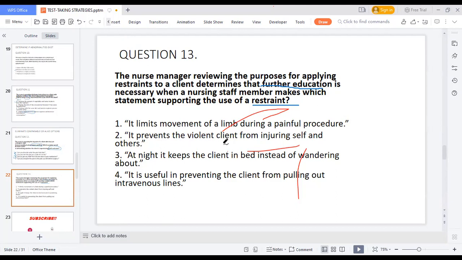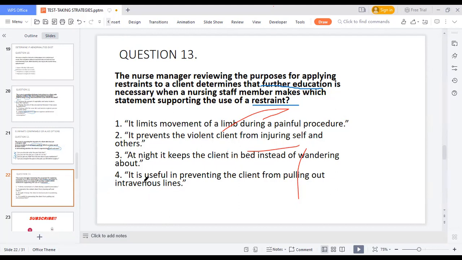It prevents the violent client from injury, self, and others. At night, it keeps the client in bed instead of wandering about. It is useful in preventing the client from pulling out intravenous lines.